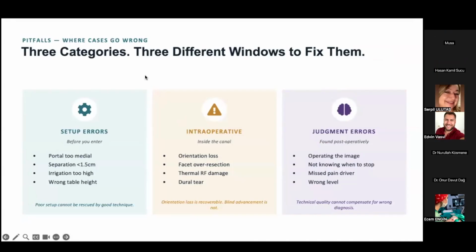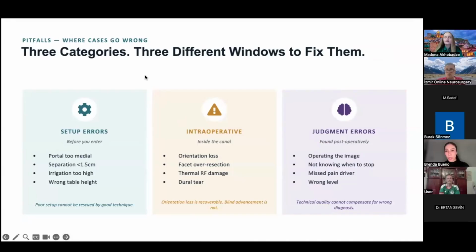And how to prepare to avoid some complications or struggle during the surgery. Before you enter, you need to plan the portals. Like I said before, something important that I didn't say before is the separation of the portals, because if you place them too medial, you fight your endoscope with your instruments and you can't start your surgery, and then you need to redo your portals.